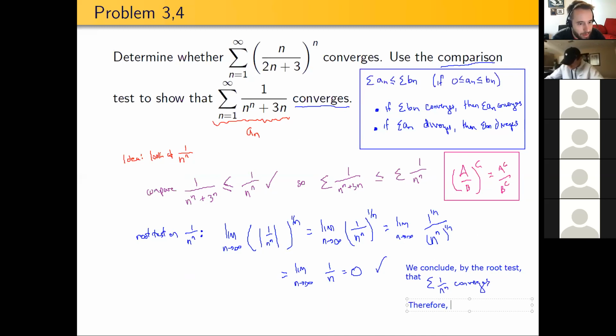Therefore, by the comparison test, we know that our original series, the sum of 1 over n to the n plus 3n, also converges. Full stop on problem 4.